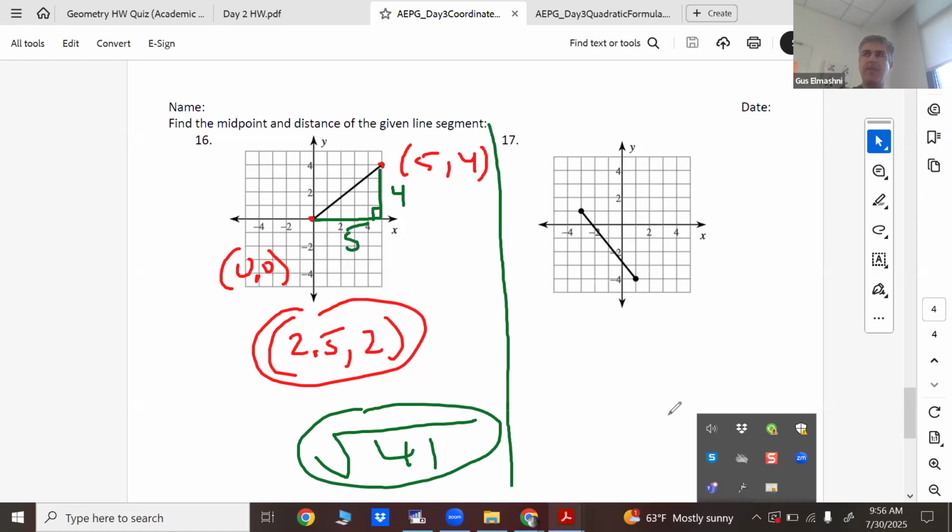Okay, and lastly, Natalie, what do you think the halfway point is for these two? So you have -3 comma 1. We'll do it together. So you have -3 comma 1 and 1 comma -4. So what's halfway between -3 and 1?